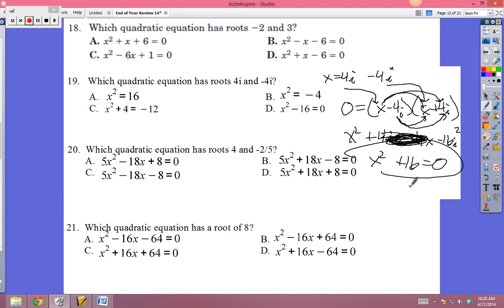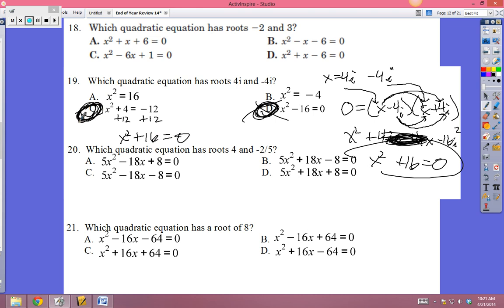So this is it. X squared plus 16 is 0, but that is not A or B or C, but it is D. Oh wait, hold on. That's not D, it's C. Because look at C. If I plus 12 here and I plus 12 here, then I've got x squared plus 16 equals 0.